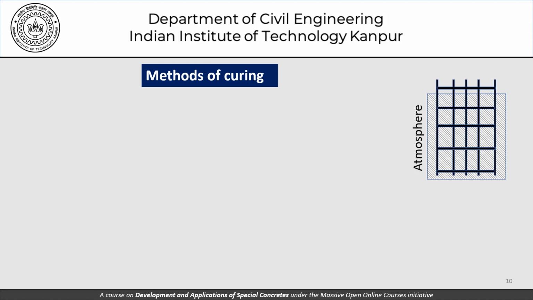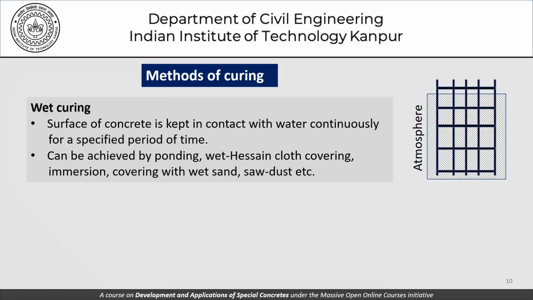Now we come to the methods. What are the methods of curing that are available to us, and we use them? The first method that comes to mind is wet curing, where the surface of concrete is kept in contact with water continuously for a specified period of time. Wet curing can be achieved by ponding, wet hessian cloth covering, immersion, covering with wet sand, sawdust, and so on.